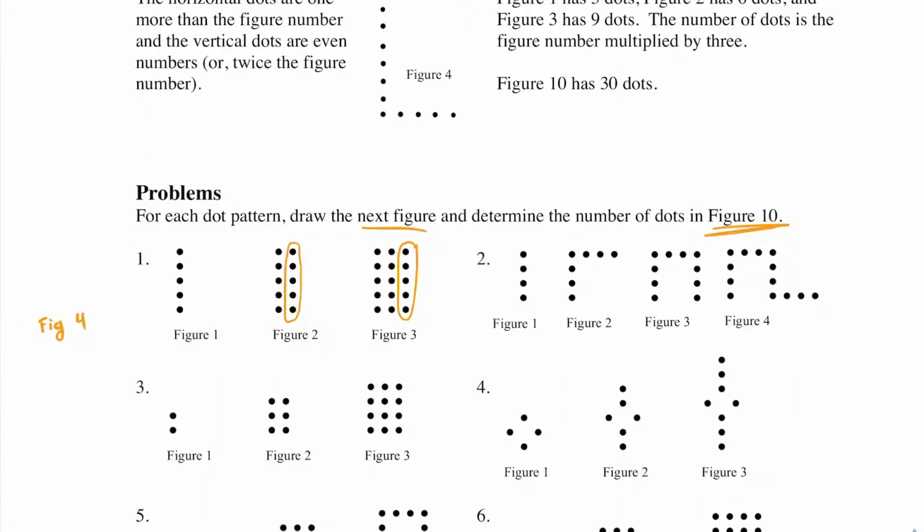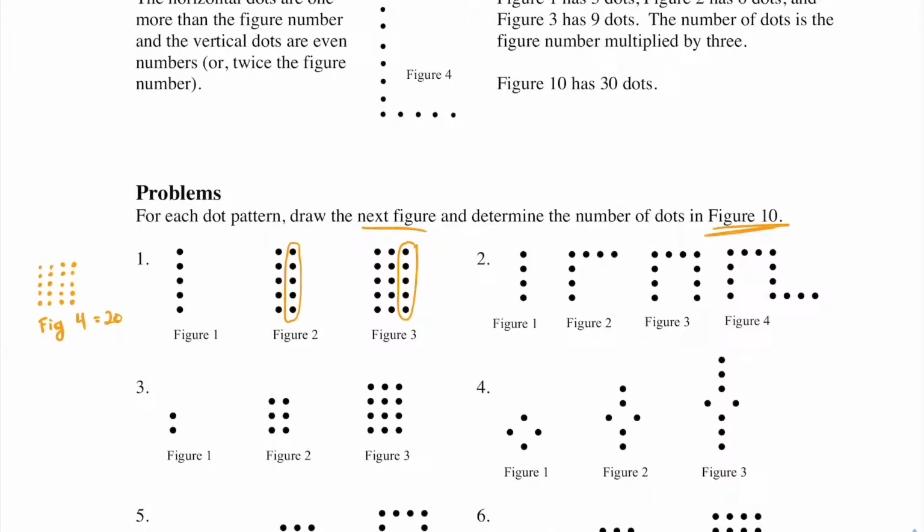And then in figure 3, I add another section of 5 dots. So in figure 4, I think it's safe to assume that my figure is going to look something like this. And then 1 more, 3, 4, and 5. Okay, following that pattern of adding 5 dots. And then in this figure, I have 20 dots.